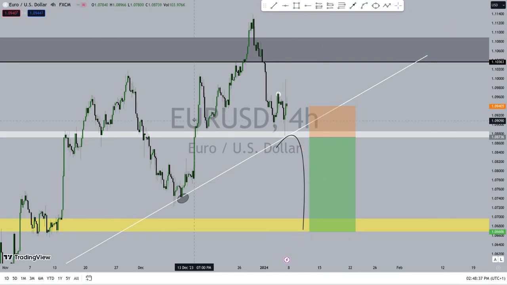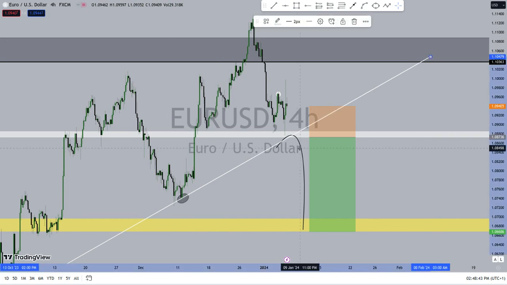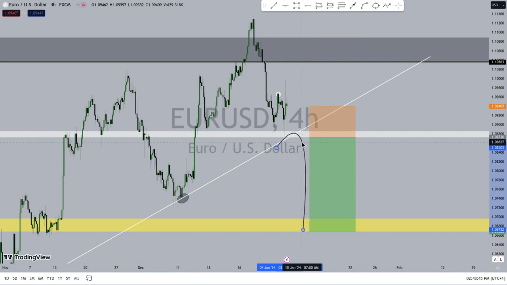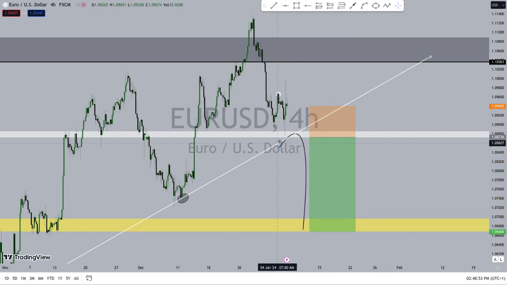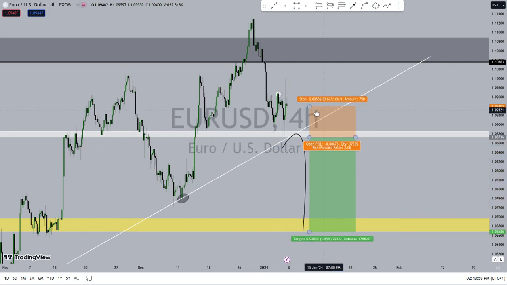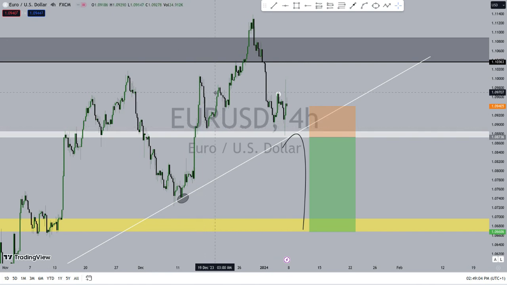So Euro USD, once we see a clear break of this trend line, then you should be looking to sell. Now all these moves were carried out during the holiday season.